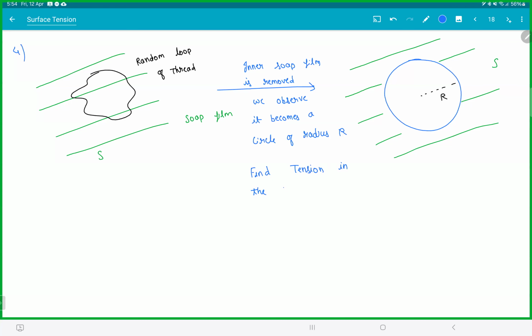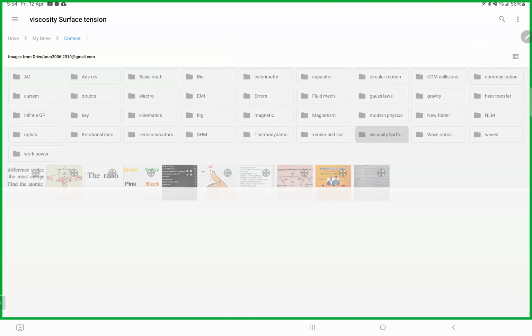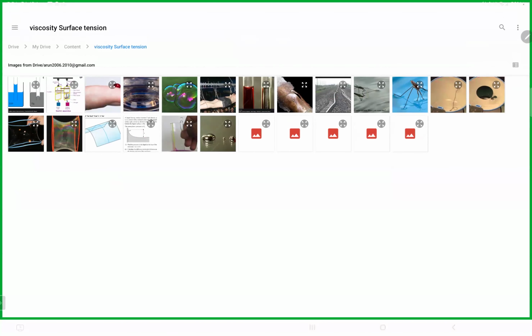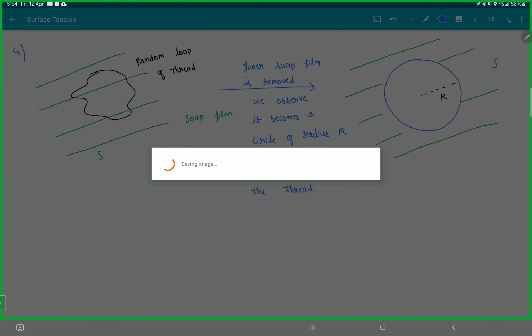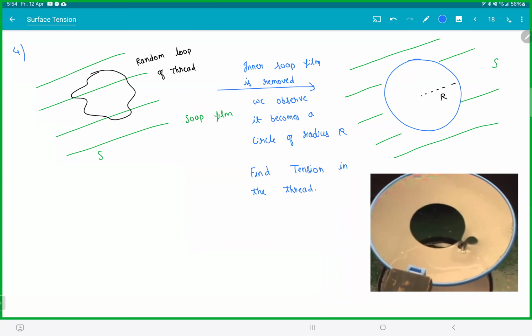Basically, the surface tension will be pulling it in all directions. Let me show you how the photo would look. Remember this photo? In that video I showed you, then you popped it. So what is happening here is the surface tension is pulling in all directions.